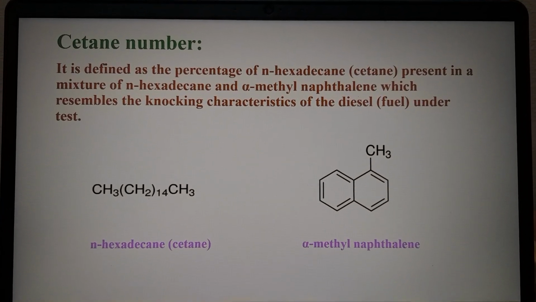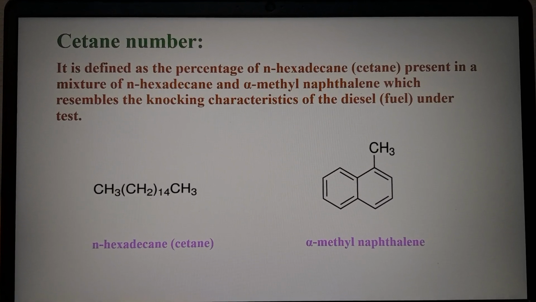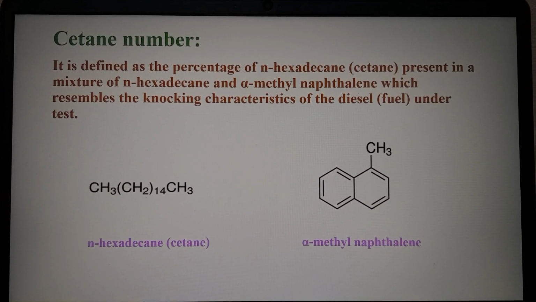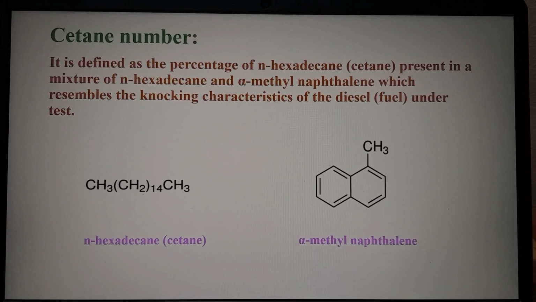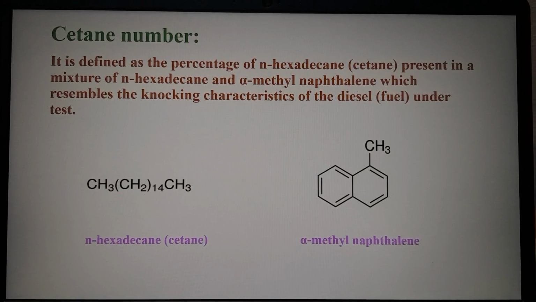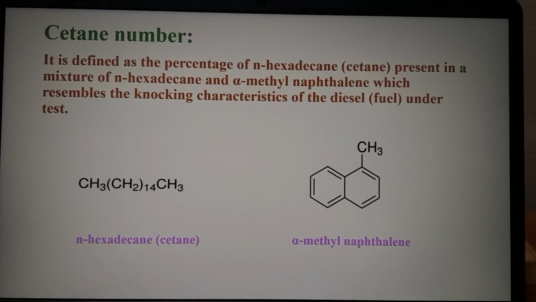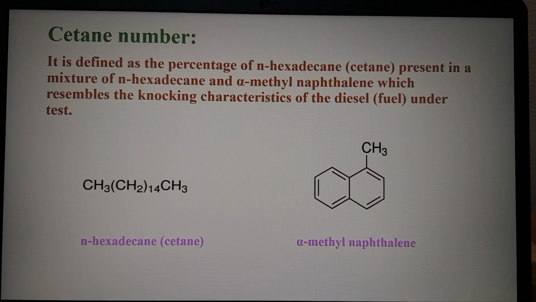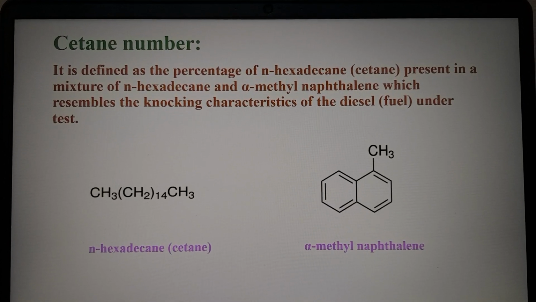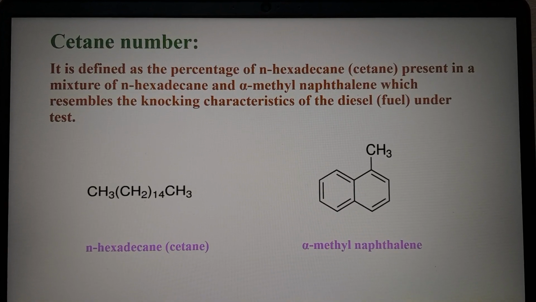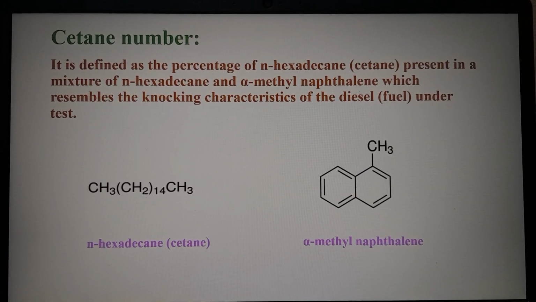The cetane number is defined as the percentage of N-hexadecane present in a mixture of N-hexadecane and alpha-methyl naphthalene, which resembles the knocking characteristics of diesel fuel under test. So, cetane number is for rating the diesel fuel. And here, the N-hexadecane, which is a straight chain hydrocarbon, is given a much higher value than the alpha-methyl naphthalene, which is given the value 0.